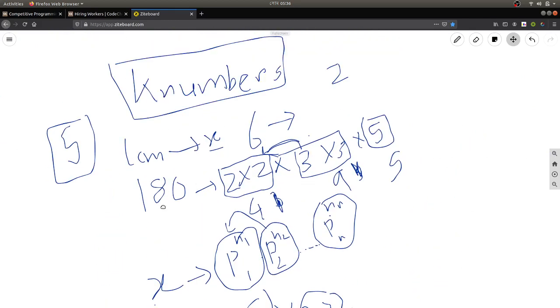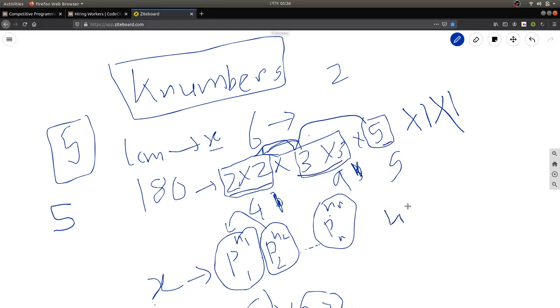Like in this question, if we're given 5 numbers to choose, we just take these 3 numbers, then add 1 and 1. Then the summation of the k numbers will be 4 plus 9 plus 5 plus 1 plus 1. That is when k is greater than the number of unique primes in x.